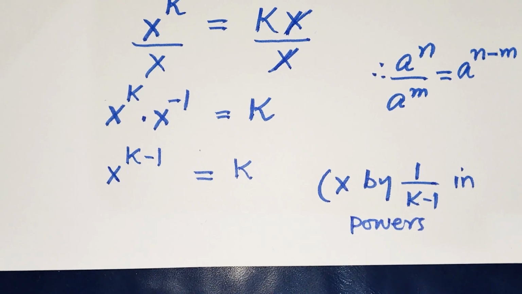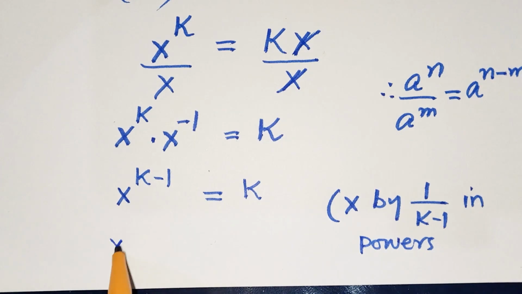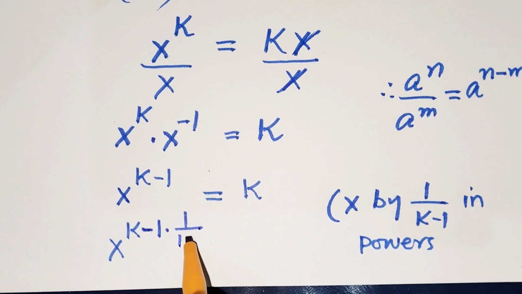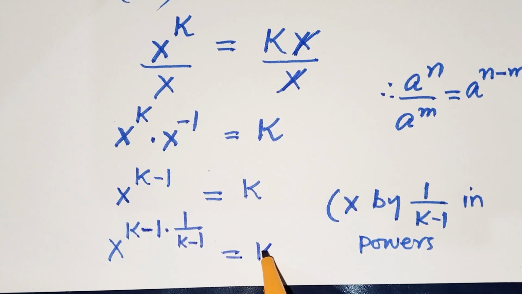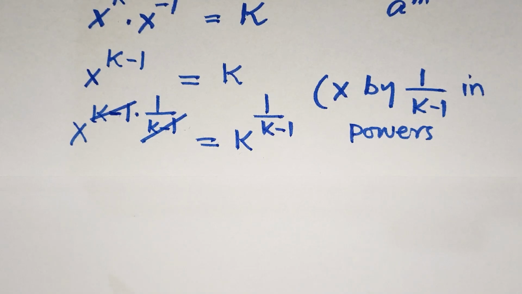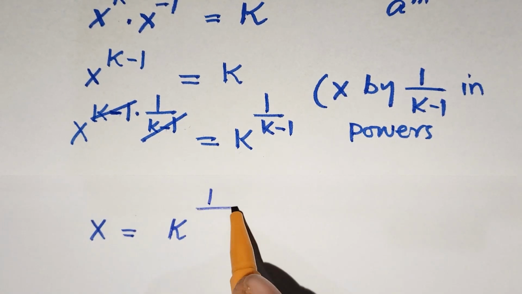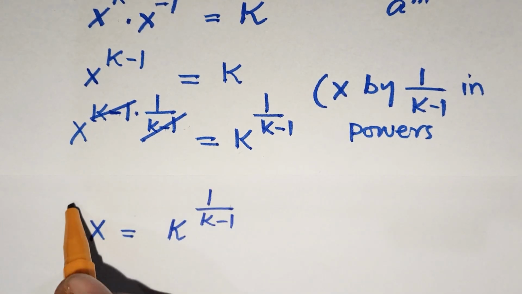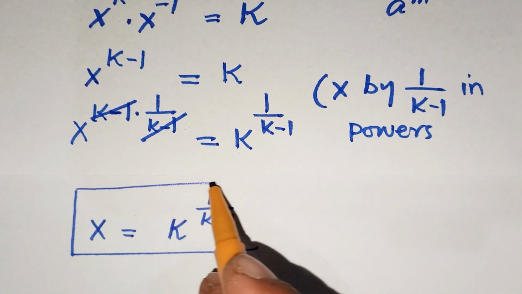So we have x raised to power k minus 1 times 1 over k minus 1, similarly k raised to power 1 over k minus 1. So k minus 1 can be cancelled out with k minus 1, and right now x is equal to k raised to the power 1 over k minus 1. So it is the value of x that we have just found out.